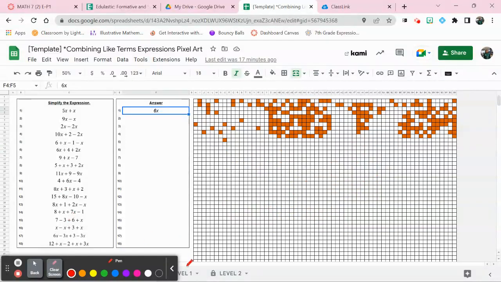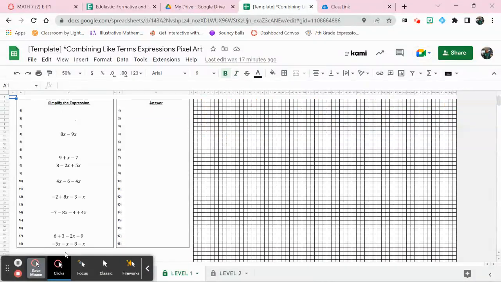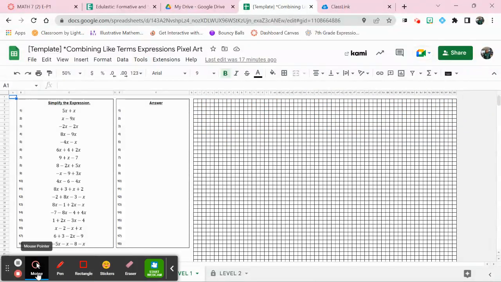Let's glance at some of them on level 1, okay? Level 1. All right? And these get a little bit harder, right? Some of them are the same. Some of them are harder. So I'm going to go down to number 14. Number 12 first. Let's do number 12.